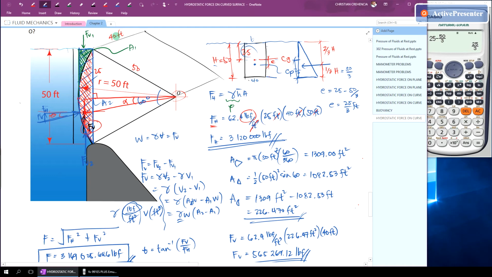Or, hindi lang volume, pwedeng cancel natin yung mga width. So, pwedeng area na lang pag-usapan natin. So, kailangan natin makuha yung distance ng centroid ng area, itong segment natin, yung centroid niya. Okay? So, let's say nandito, from point O. Okay? So, paano natin kukunin yun?